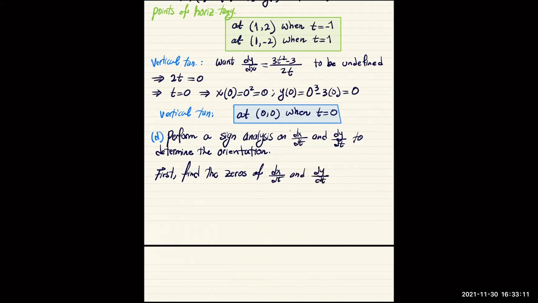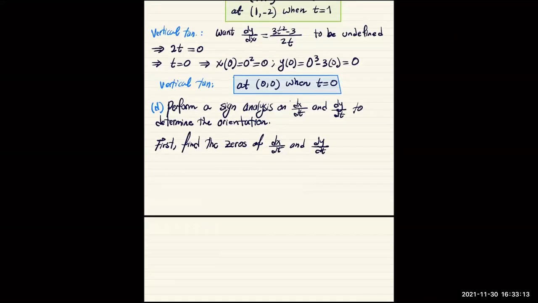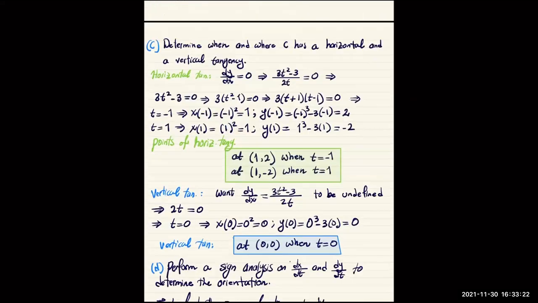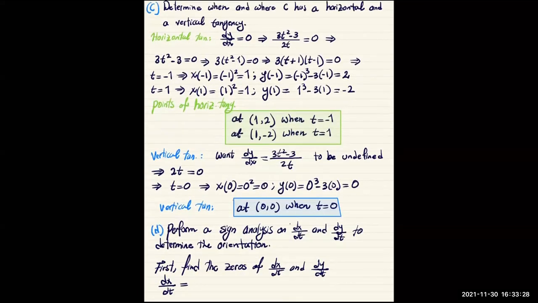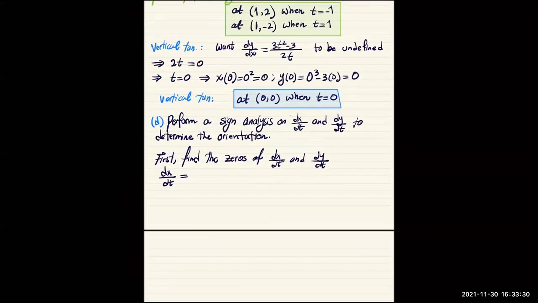All you have to do is set each of them equal to 0. Here dx/dt, we found that dx/dt is equal to 2t, set that equal to 0. And that gives you t equal to 0.